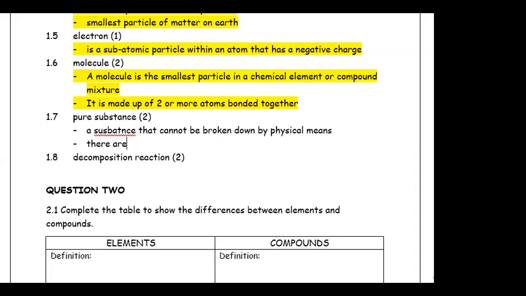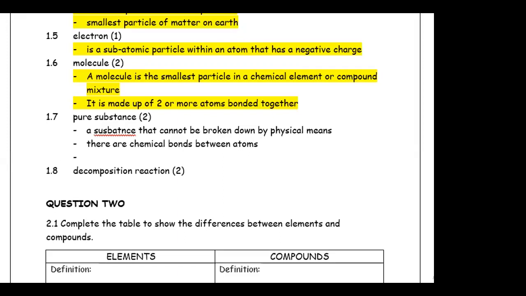There are chemical bonds between the atoms, right? So if you gave me those 2 answers, you already get 2 marks. I'm just giving you extra stuff you could have said. What else could you have said, guys, about a pure substance?